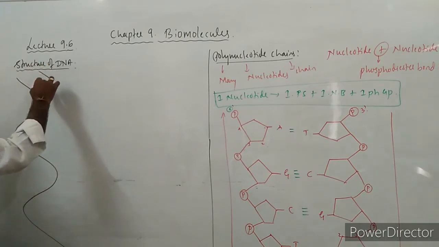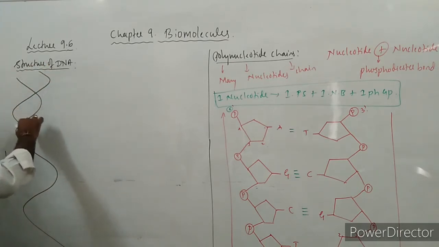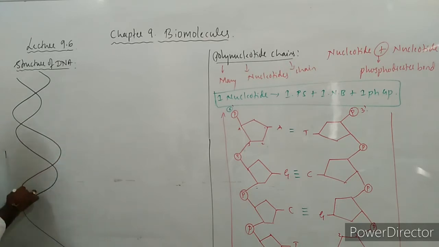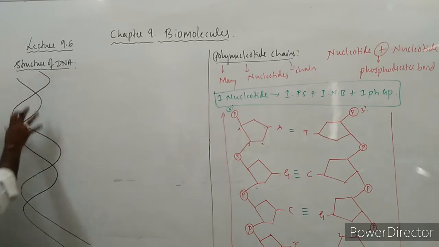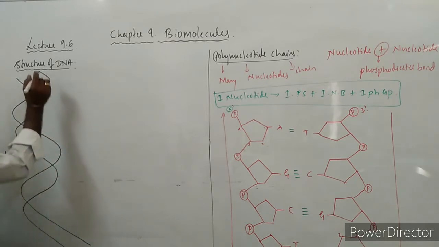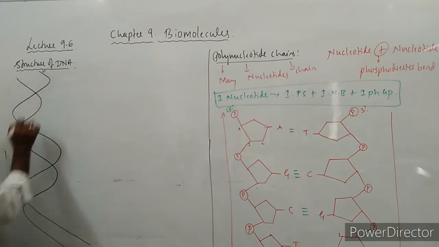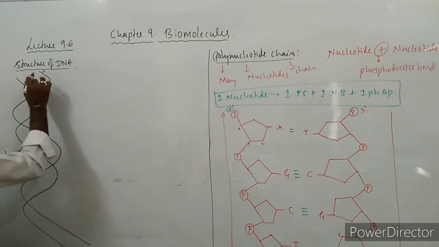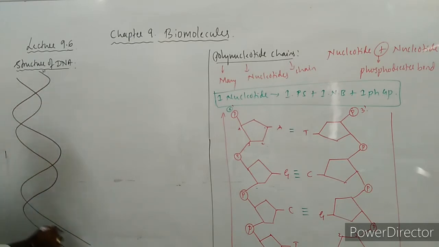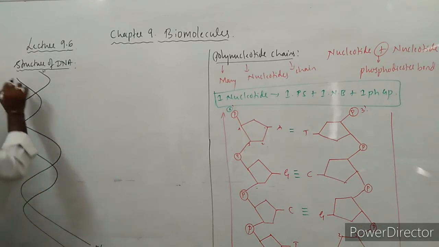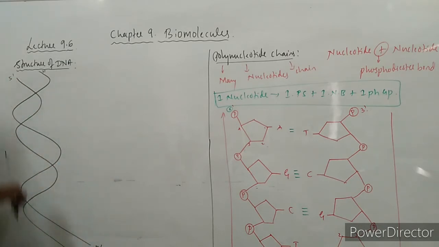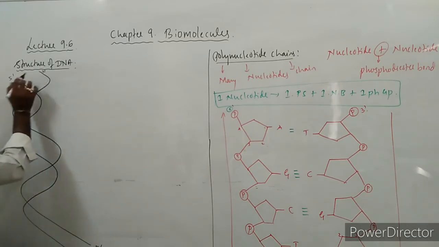So this is how the DNA is seen. Okay. So it is a double-stranded structure. So this is 3 dash, and this is 5 dash. This is 3 dash, this is 5 dash, meaning anti-parallel to each other.